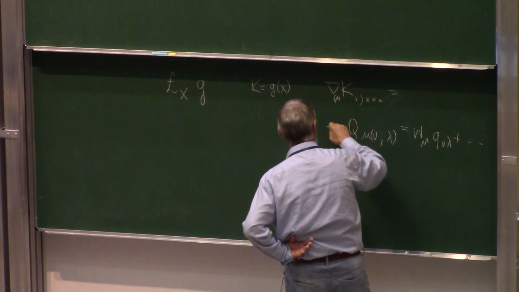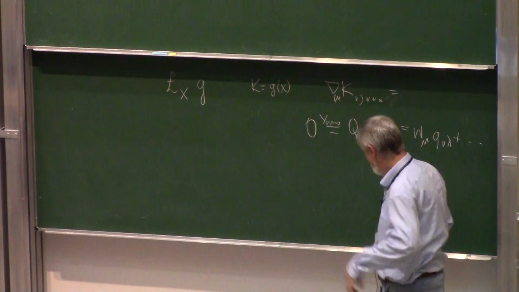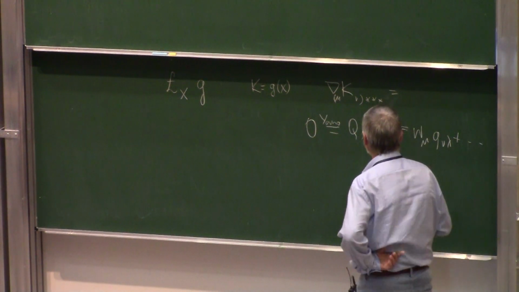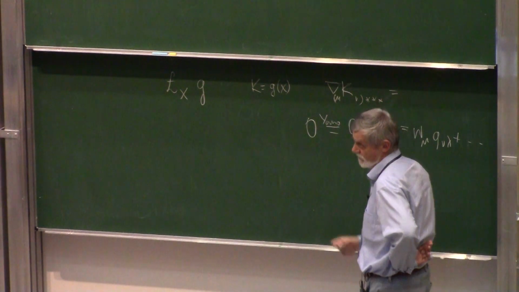So Yano means that this is 0. Okay. So some people call this kind of objects hidden symmetries.